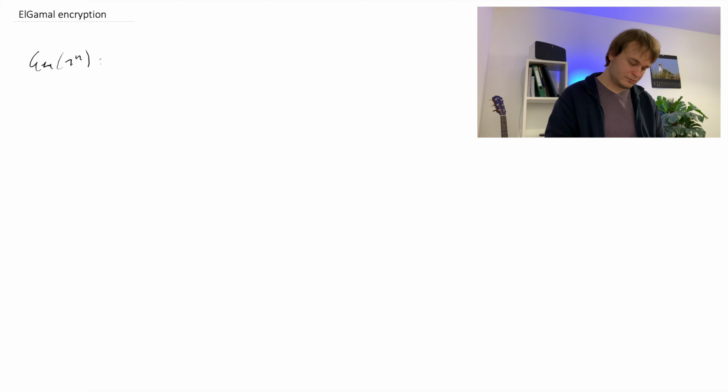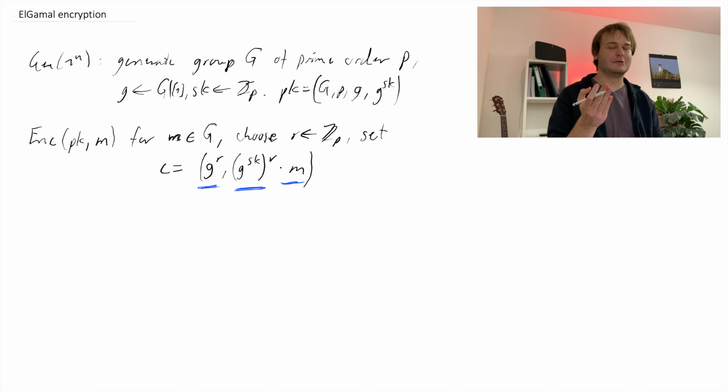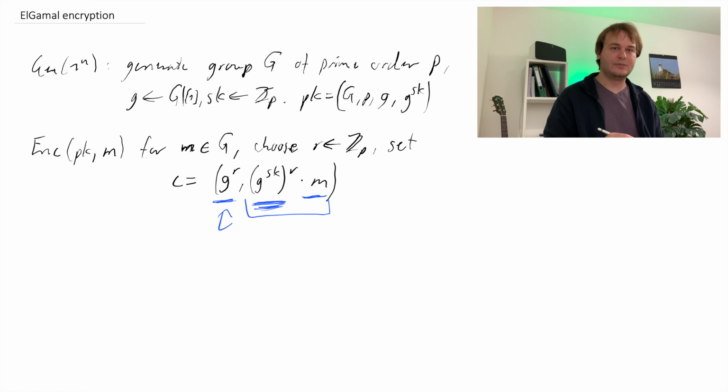And then we give the person who should be able to decrypt it some hint that should help in decrypting. If I only look at this part, then this is like an algebraic one-time pad version of M. I just multiplied it with a random group element, so the result is a random group element. But to make it decryptable, I also provide G to the R in the ciphertext.